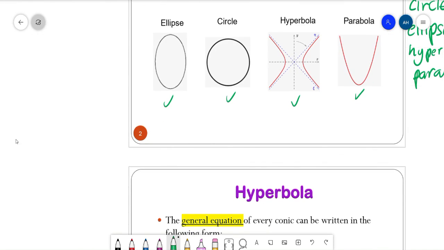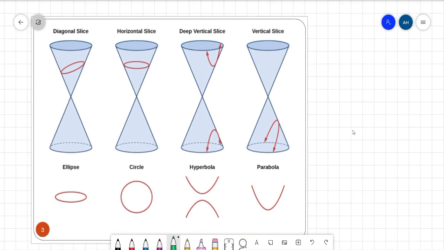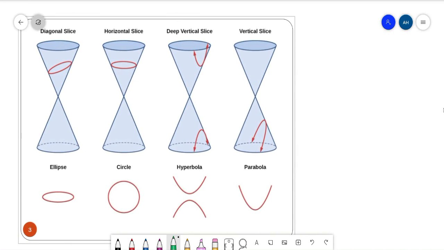Now maybe we can ask a question about the conic section itself, about the name of this concept. What we mean by conic here comes from the word cone. These four shapes that we are talking about, ellipse, circle, hyperbola, and parabola, all of them come from the shape of a cone.